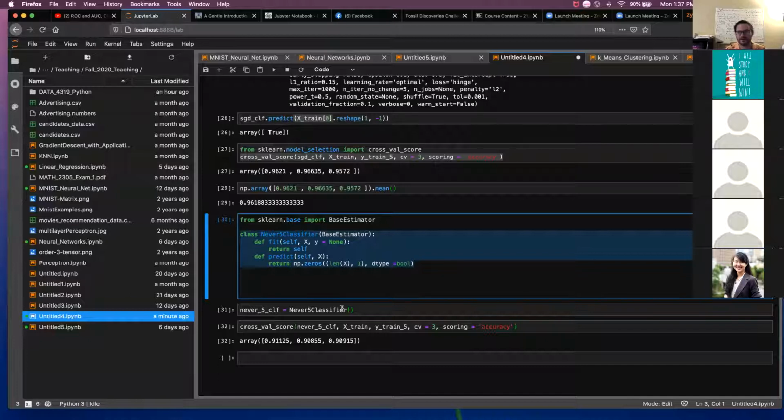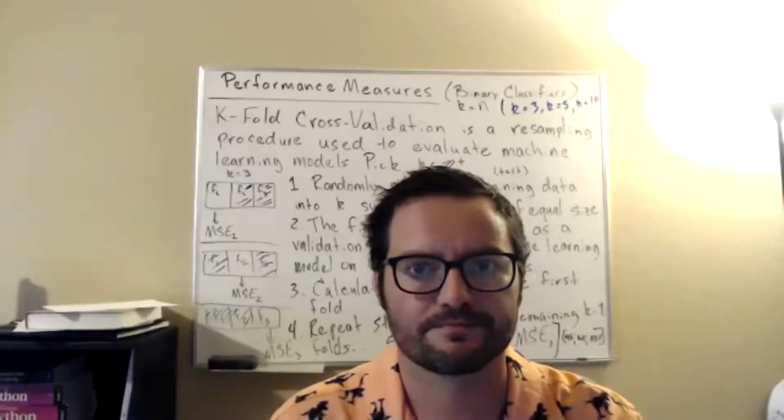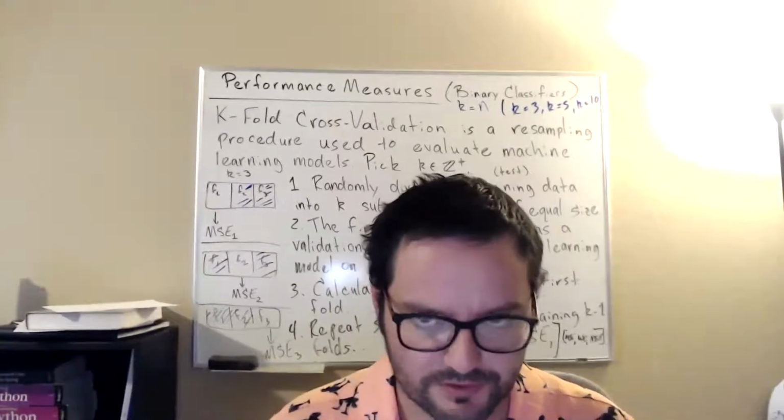So there's another way to look at the performance of a given algorithm that might take into consideration these very specific cases where there are very few 5s in there. If you have a classifier that's predicting not 5s, it has a high k-fold validation measure. And that will be called the confusion matrix.